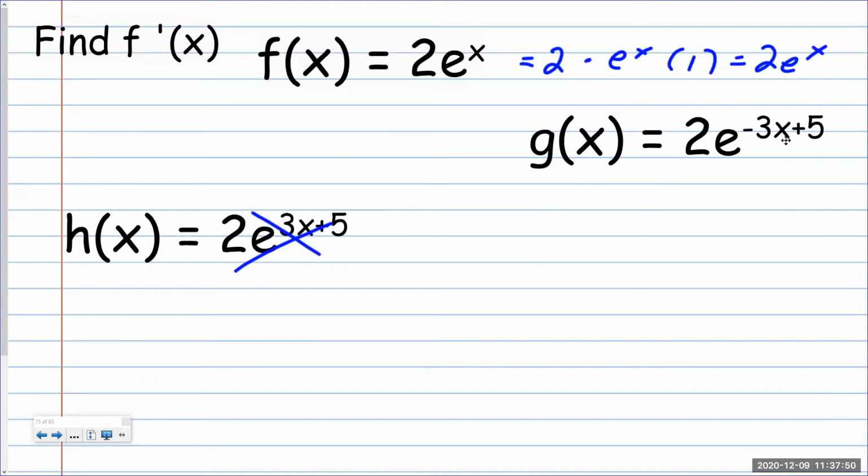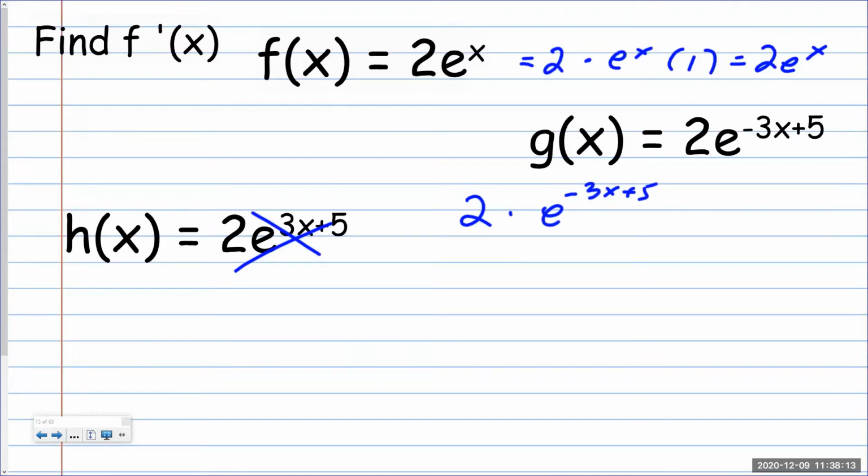2 times this e to the u would be, okay, first I write down the 2, right? Kind of pull it out because it's a scalar. Now make sure you understand, if it had an x in it, I can't pull it out, right? If I had an x, it'd be a product rule, okay? But it doesn't have an x, so it's a scalar. I pull it out, I take the derivative of this, which is e to the negative 3x plus 5. You just copy it.